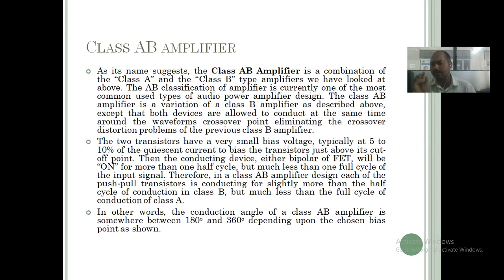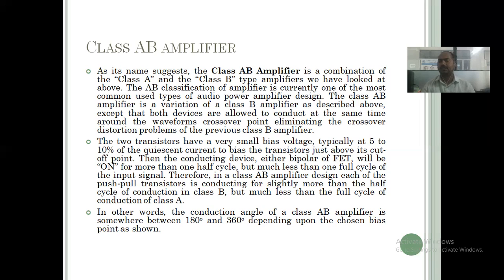Crossover indicates the transition from high to low or low to high, and in that portion also some output comes from the devices. So the crossover distortion should be overcome by applying a small bias voltage to the device, right? This is done in the class AB type of amplifier, right?